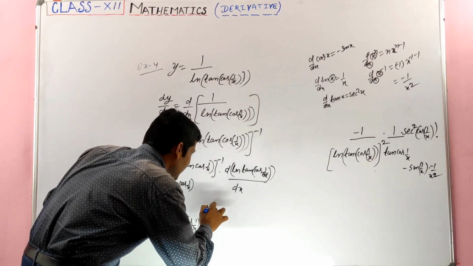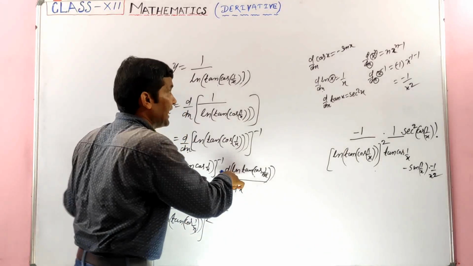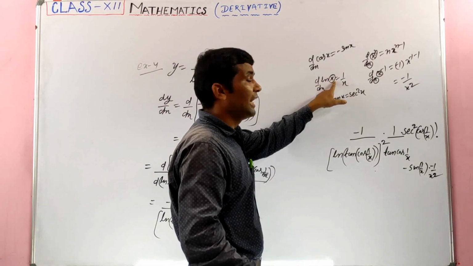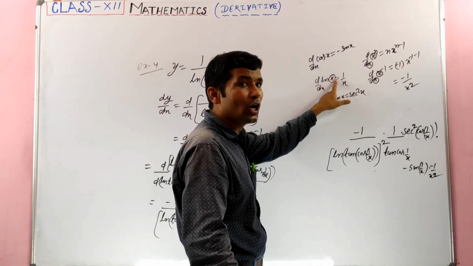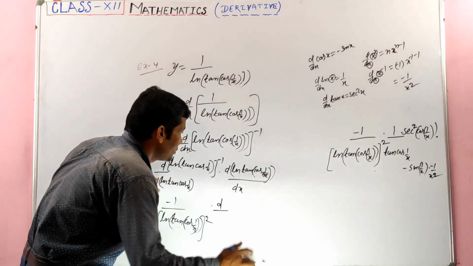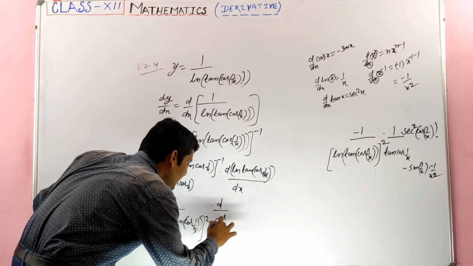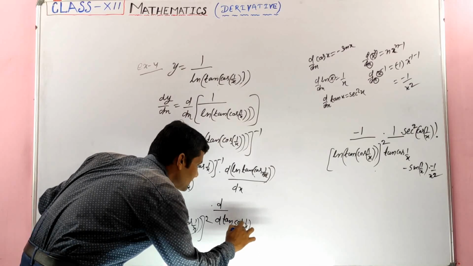Now I adjust it as d by, what is the main function? It is ln. See, ln something and d something, they are the same. If not, adjust. Here ln of tan something is not here. So adjust it as d tan cos 1 by x.